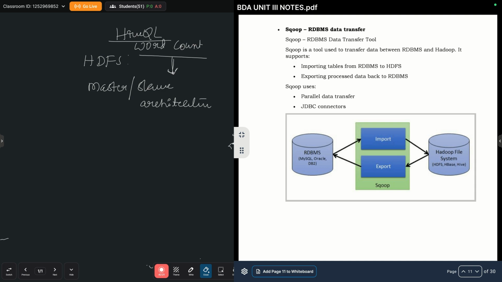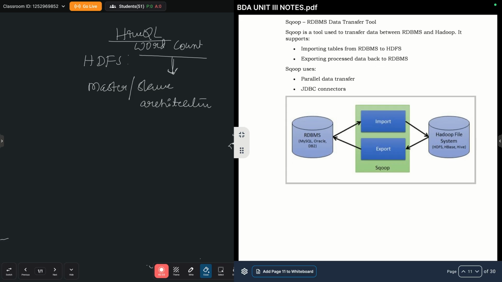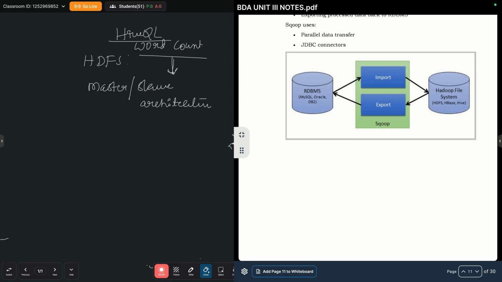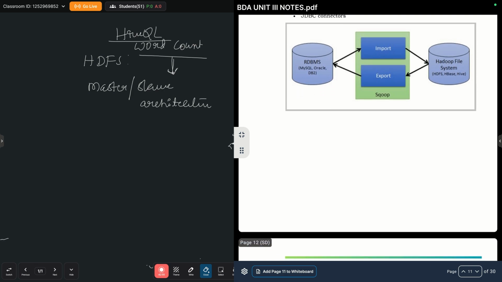To store data into HDFS, or from HDFS to transfer the data to an RDBMS server, that is possible with the help of Sqoop. Importing tables from RDBMS to HDFS or exporting processed data back to RDBMS, that is nothing but transferring data between RDBMS and HDFS, with parallel data transfer and JDBC connectors.